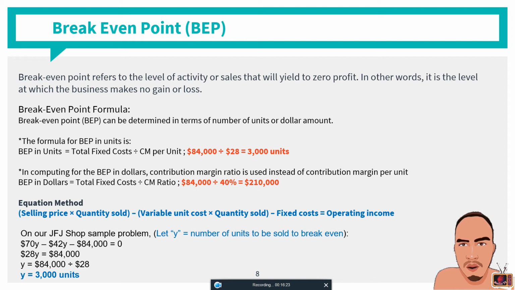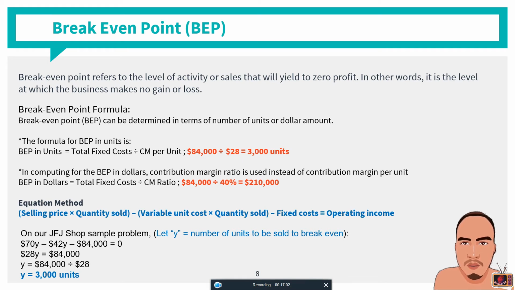Equation method. In the equation method, for us to better understand the break-even point, the formula would be the selling price times the quantity sold, minus the variable cost times the quantity sold, minus fixed cost, equals operating income. On our JFJ shop sample problem, for example, let Y be the number of units to be sold to break even.